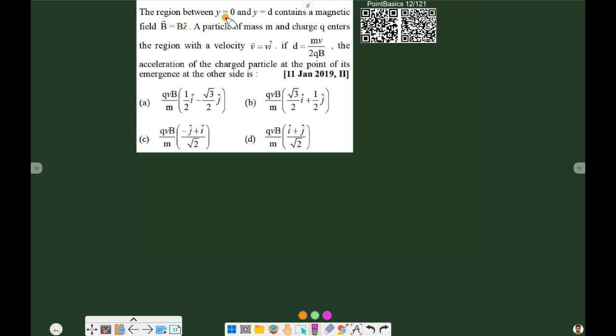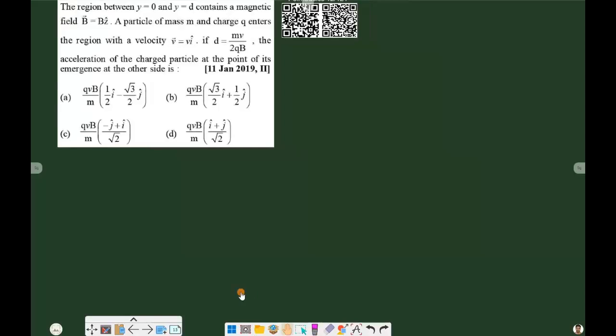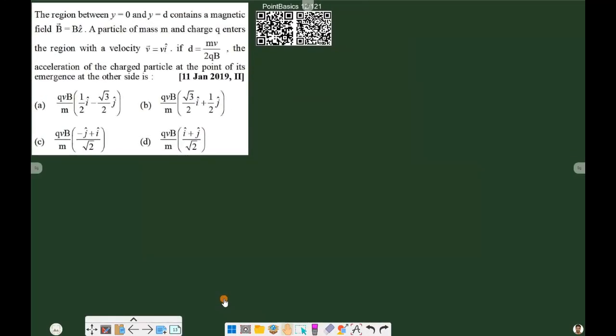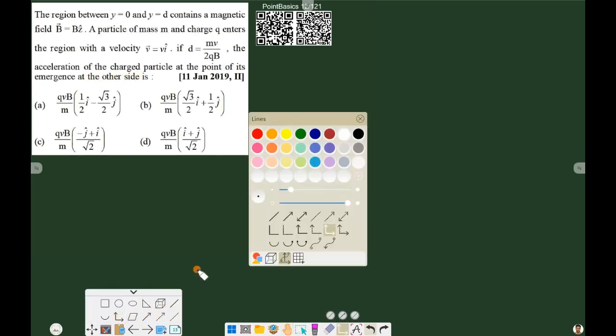The region between y is equal to 0 and y is equal to D contains a magnetic field B is equal to Bz. So let's draw the diagram first. Particle enters with velocity in x direction. So here is the coordinate system.